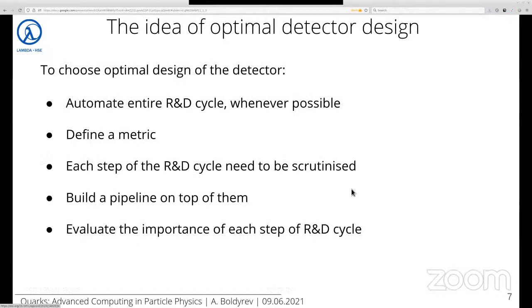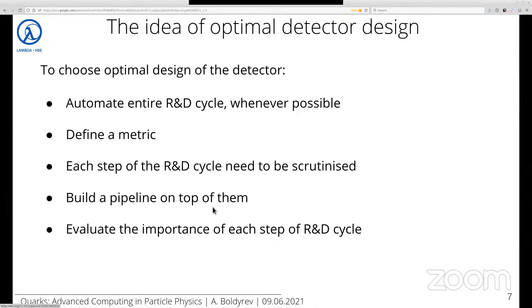On this slide, you can see the idea of optimal detector design in our approach. We require covering the entire R&D cycle whenever it's possible. Then we define a proper physics metric representing the desired properties of the detector. Then we realize each step of the R&D cycle from first principles, or use some computationally cheap yet reliable alternatives.